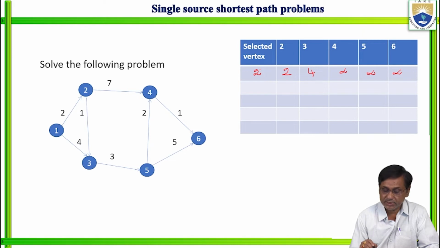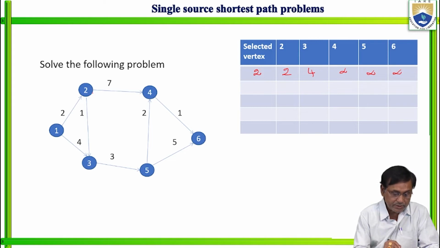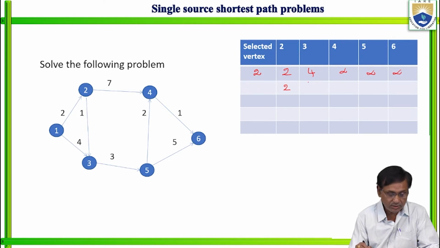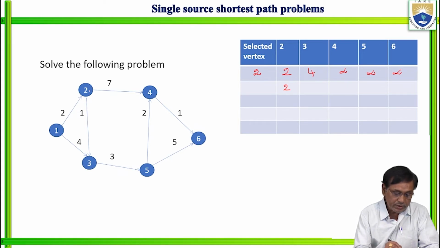Now the vertex 2 is selected. After selecting the vertex 2, again find out the distances. Now the vertex 2 is 2 only. Then vertex 2 to 4. 2 to 4 is 2 plus 7. Vertex 3 is 4 only, vertex 1 to 3 is 4. 1 to 2 is 2 and 2 to 3 is 1.